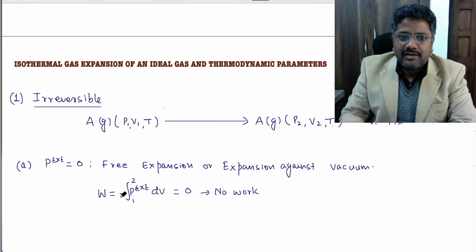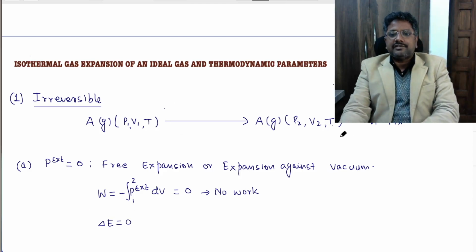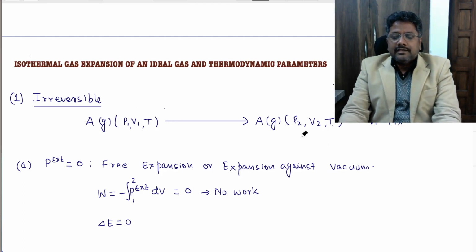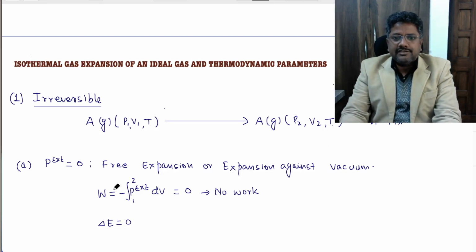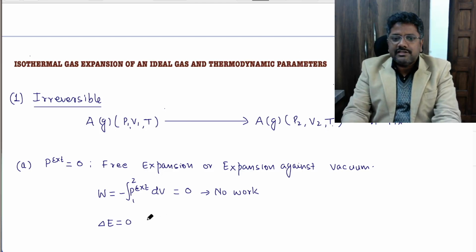And what about delta E for this process? Delta E is also equal to 0. Why? Because temperature is constant, and you all know that internal energy change is a function of temperature only for an ideal gas. So delta E is equal to 0, no change in internal energy.